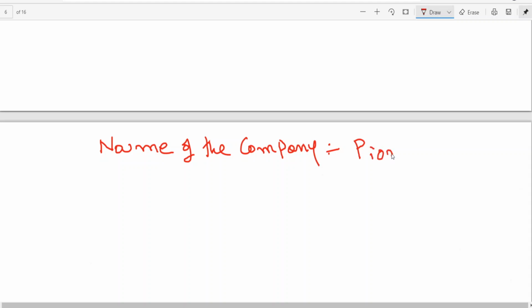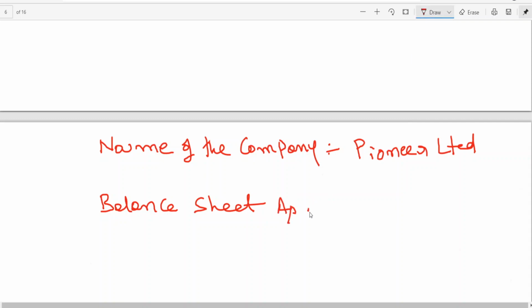Pioneer Limited. Balance sheet, I told you to write as at 31st March.